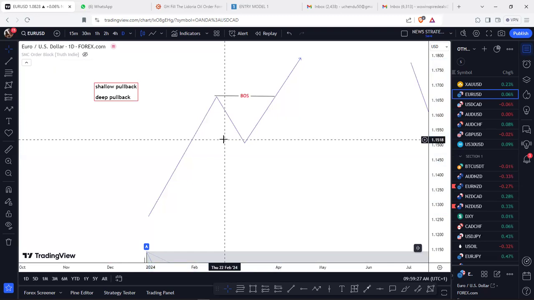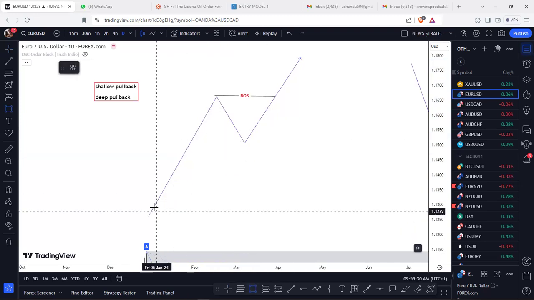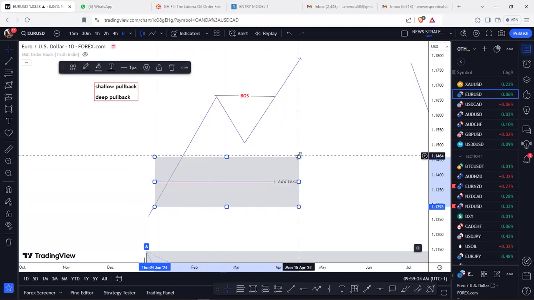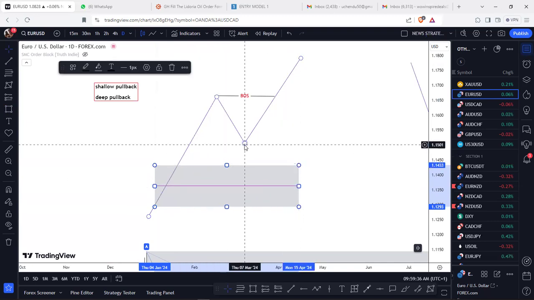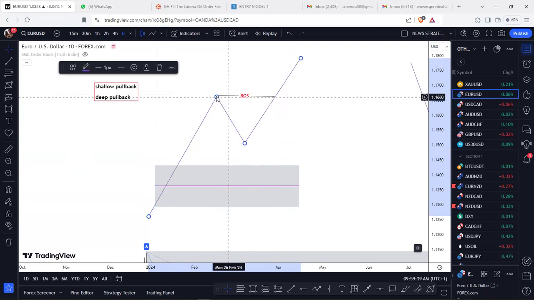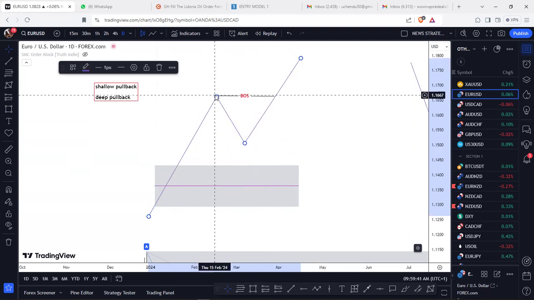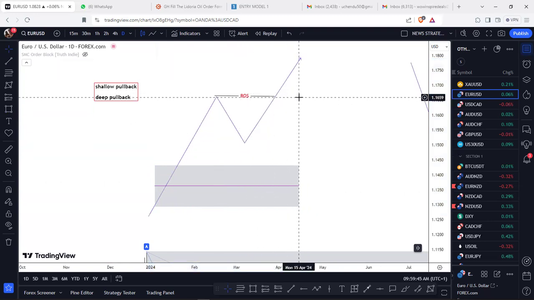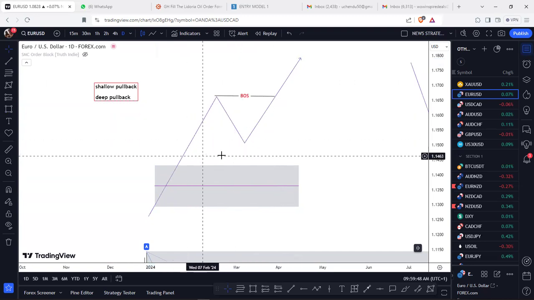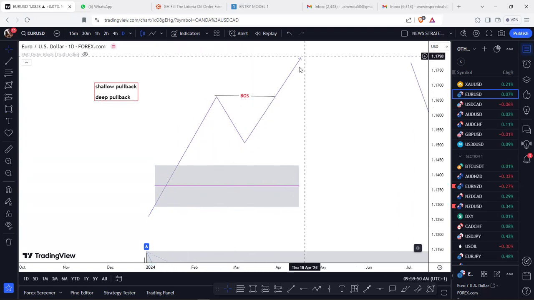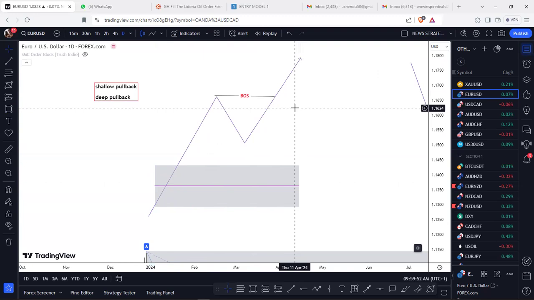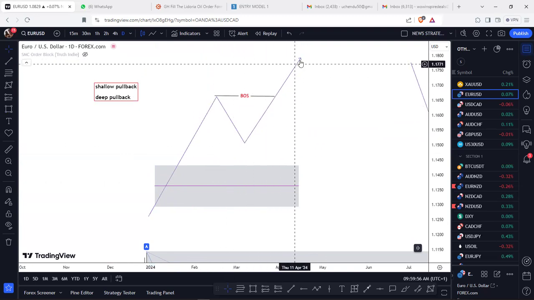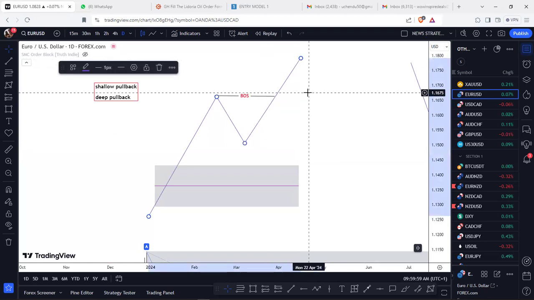By unmitigated area, I mean we have other blocks and imbalance below it that are yet to be mitigated, and price breaks structure. In this kind of instance, we have what we call a shallow pullback. Now, you do not have any business selling. A shallow pullback creates what we call a range structure.